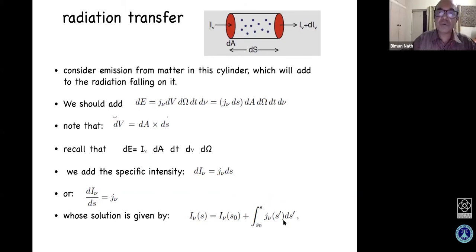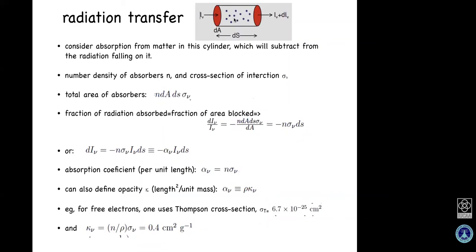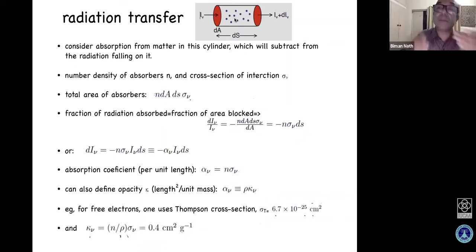Yeah. So I'll move on to the next possibility, that now there can be absorption because of the matter in the cylinder, which will subtract from the radiation that is falling on it. Now, let us see. It will depend on what kind of matter that is, what kind of interaction one is talking about.